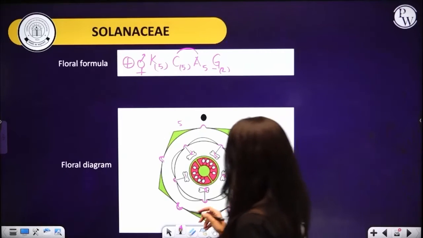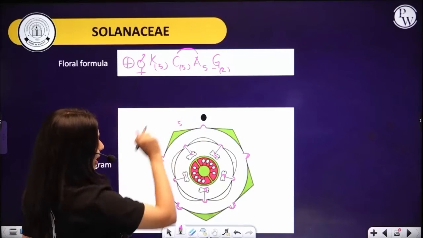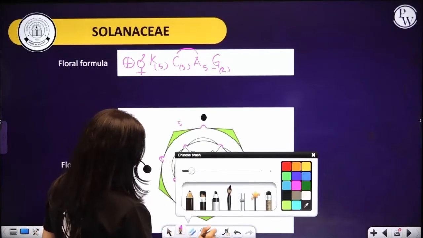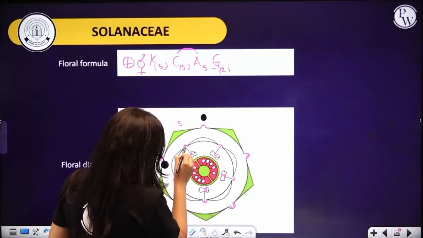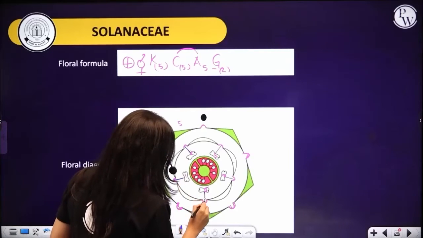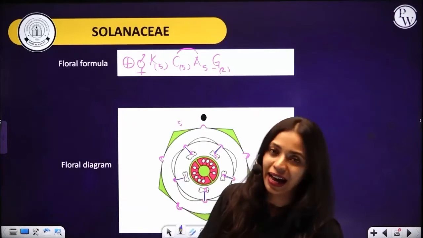Okay, so over here you see epipetalous condition, the stamen is attached to the petals, you see a line arising from here. This indicates epipetalous condition of androecium.